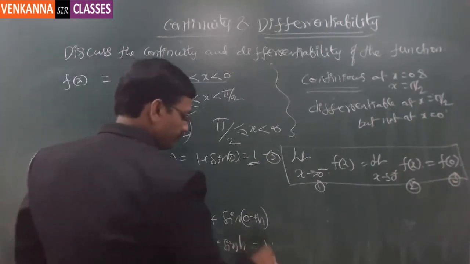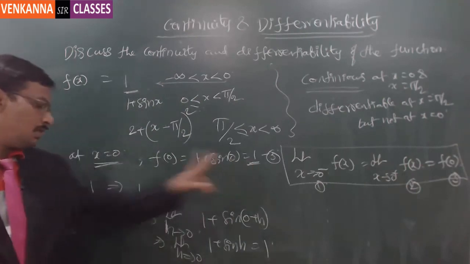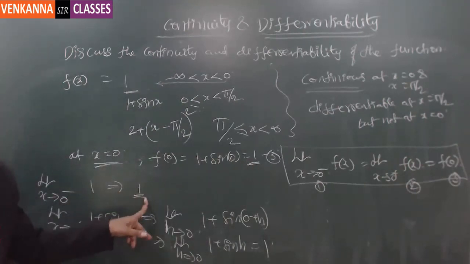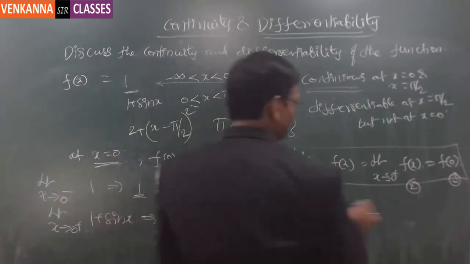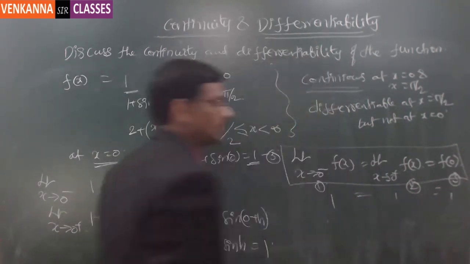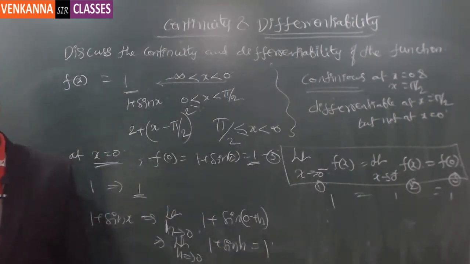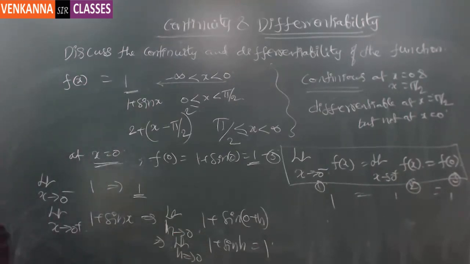So the function value is 1, the left limit is 1, and the right limit is also 1. All are equal. Hence the function is continuous at x is equal to 0. You got it? Okay, so this is the first part.